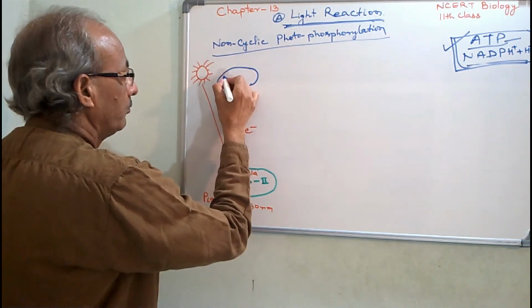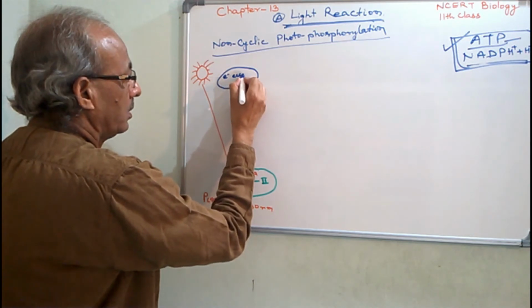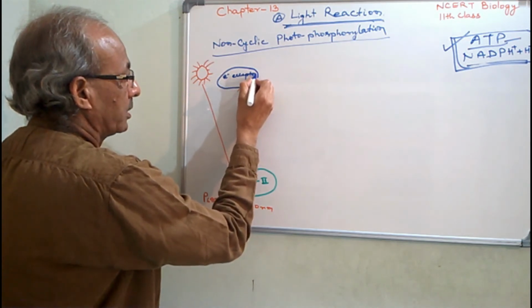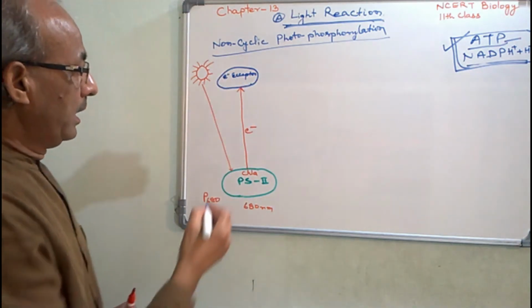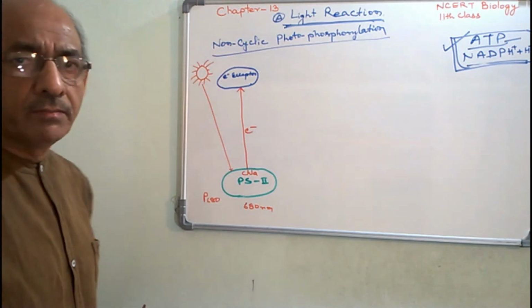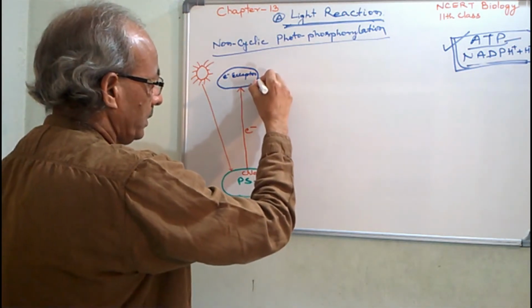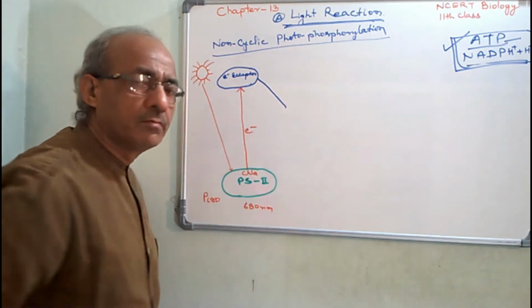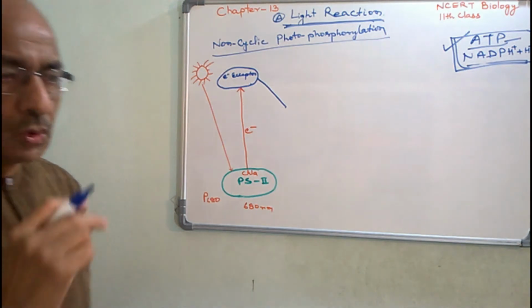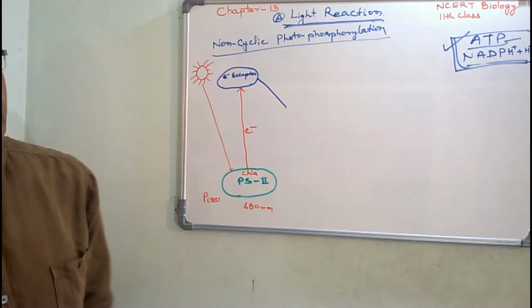Here is the electron acceptor, and thereafter the electron is transferred to the electron transport system.